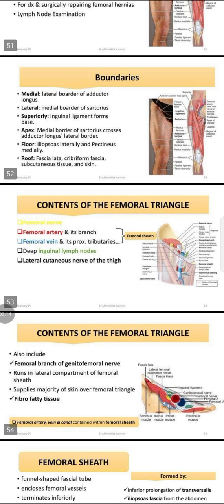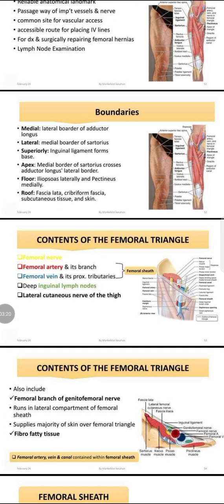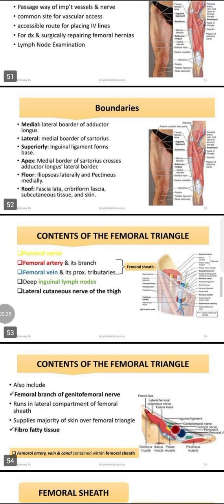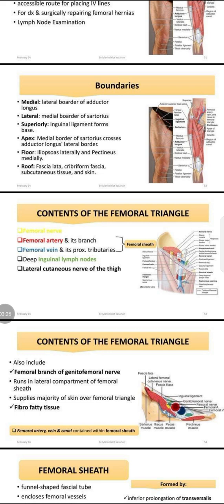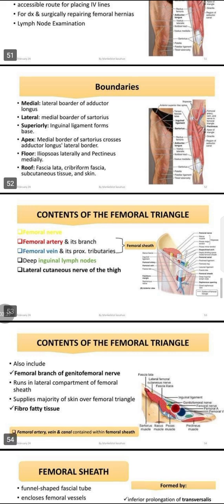Let me mention the medial wall. For the medial wall, we have the lateral border of the adductor longus. The adductor longus mass is the one that forms the medial wall of the femoral triangle. Laterally, the lateral border is formed by the medial border of the sartorius. So you need to make sure you are differentiating.